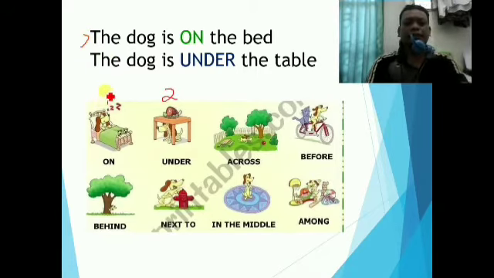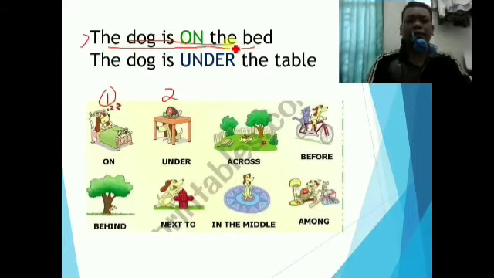Jadi, look at the first picture. Yeah, we have a sleeping dog here. Ada anjing tidur, and then we have a bed atau ranjang. So the sentence is the dog is on the bed.